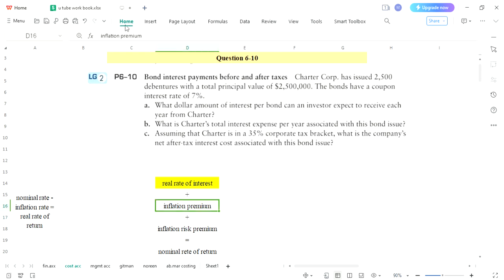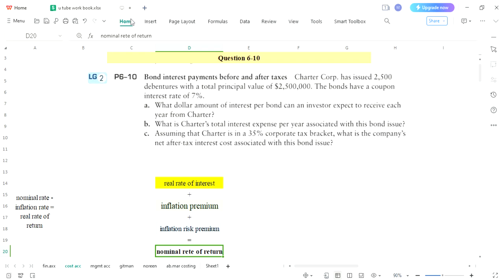That's a separate thing. Inflation premium, and you do have your inflation risk premium. This is the third element which would be associated with this. You will get the nominal rate of return finally.